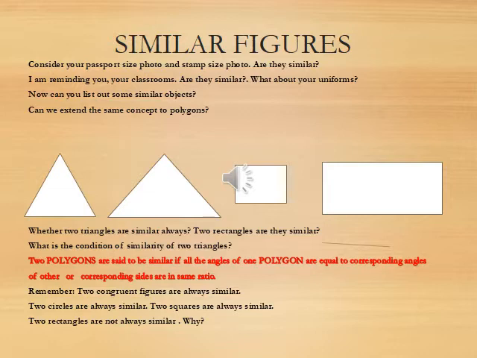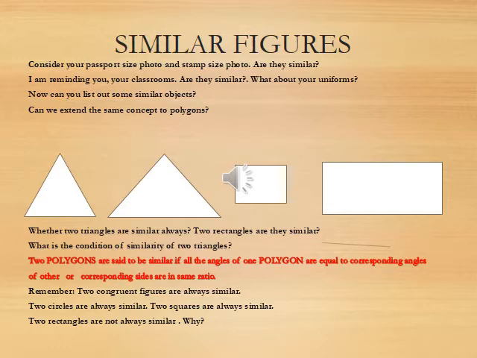Can we extend the same concept of similarity to polygons? We know a polygon is a closed figure having three or more sides. Whenever a polygon has three sides, we say it is a triangle. In this chapter, similarity of triangles is considered the most.